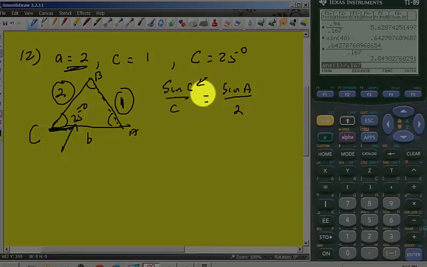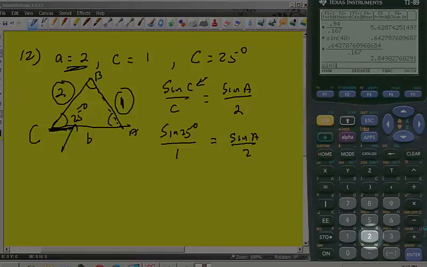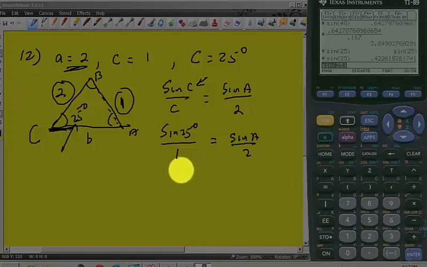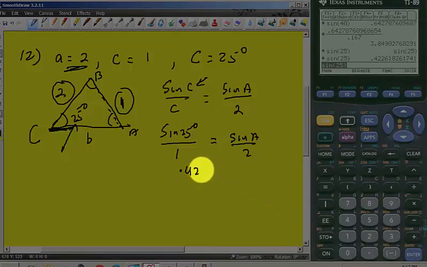So I'm going to write sine of 25 degrees is to side C, which is 1, and that's equal to sine of angle A, which I don't know, is to 2. We're going to punch in sine of 25 degrees, hit enter, and I need an approximation, and this turns out to be 0.423 divided by 1, which is still the same, equals sine of A over 2.